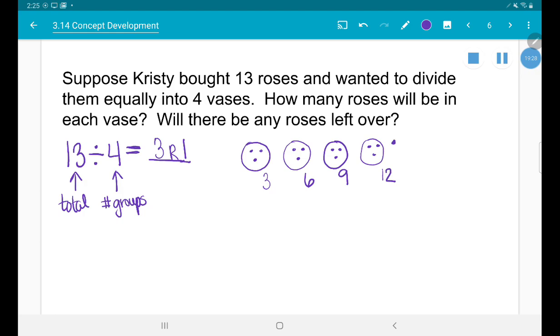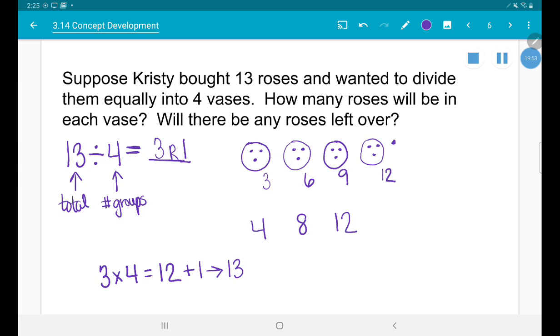Yeah. 4, 8, 12. And that took how many? 3. We know that 3 times 4 equals 12. And then if I wanted to check, I know I need to add my 1 remainder, and that gets me to 13. All right, go ahead and erase.